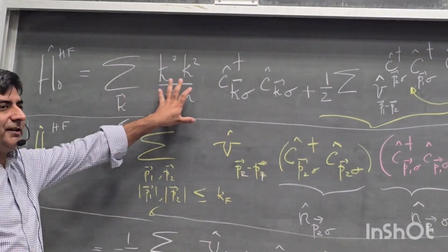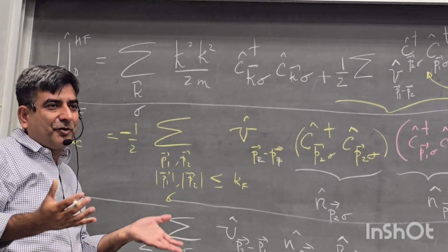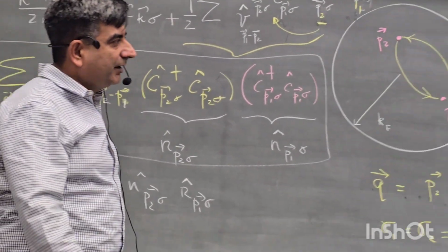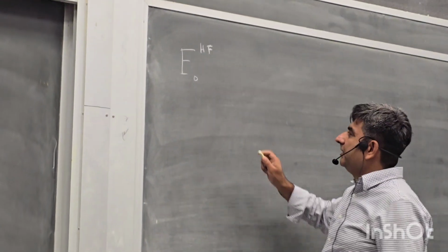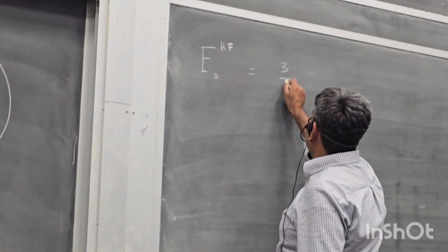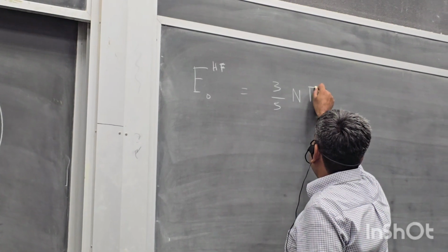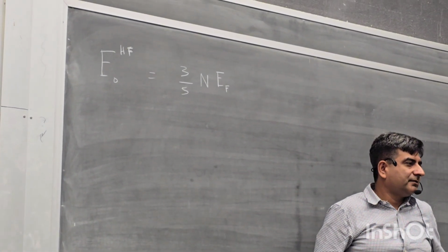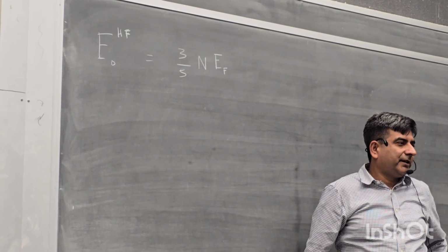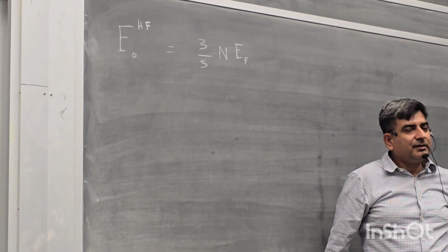So the total energy is dependent on the Fermi energy. And we've already noticed that if we have capital N electrons in the system, the kinetic energy term is 3 over 5 N EF, with EF the Fermi energy. Okay, this is from our previous lecture.